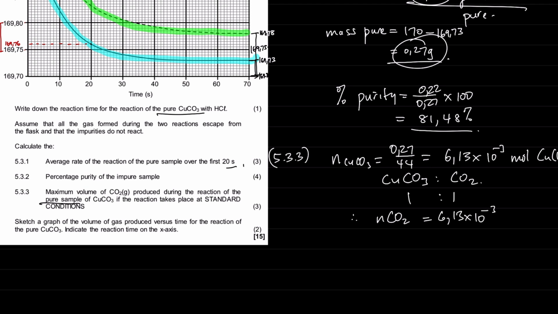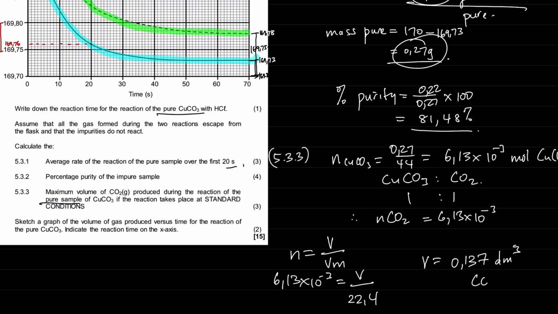Now that we know the number of moles of carbon dioxide, we can calculate the volume. Number of moles is equal to volume divided by molar volume. The number of moles is 6.13 times 10 to the minus 3, that's equal to the volume, which is what we want, and molar volume at standard conditions is 22.4. You then cross multiply to solve for V. V is equal to 0.137 dm cubed of CO2.